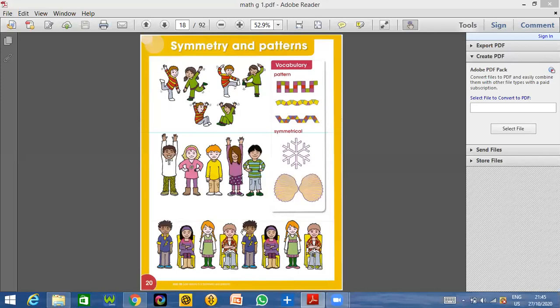Coming back to the book's page, now see the picture. Which of these kids are symmetrical? They both are symmetrical to each other because they are doing the same thing.